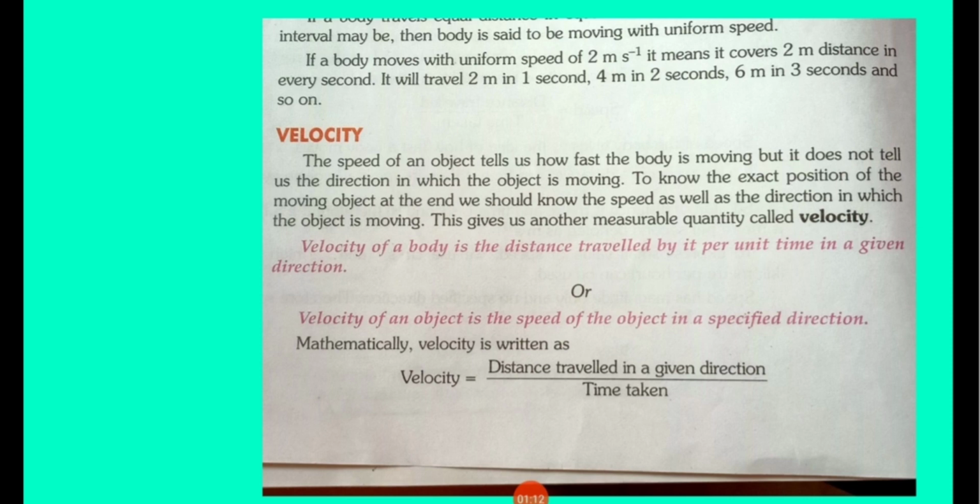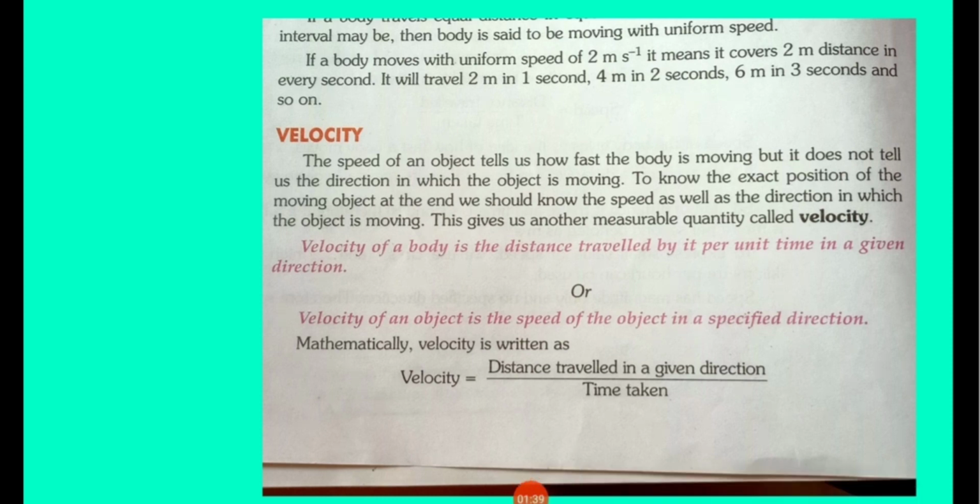So velocity can also be defined as displacement per unit time, which is the same as distance traveled per unit time in a given direction. So the formula of velocity is distance traveled in a given direction by time taken, or displacement by time taken.